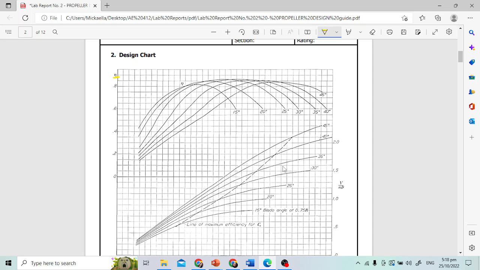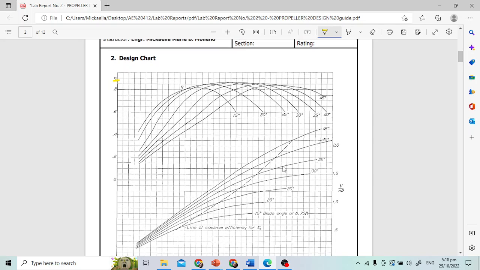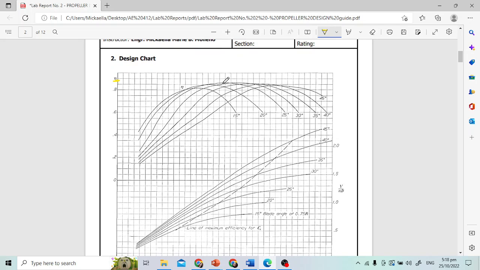Ngayon, to get the propeller efficiency, again, using your CS na nandun sa baba, project it up, then pag tumama na sa highest or peak ng curve ng isa dyan, let's say, somewhere here, pag tumama na siya sa peak ng curve, project nyo siya to the left. And syempre, makukuha nyo na yung value ng propeller efficiency. Then, use AutoCAD and interpolation to get the exact value. So, that is it for the propeller efficiency.